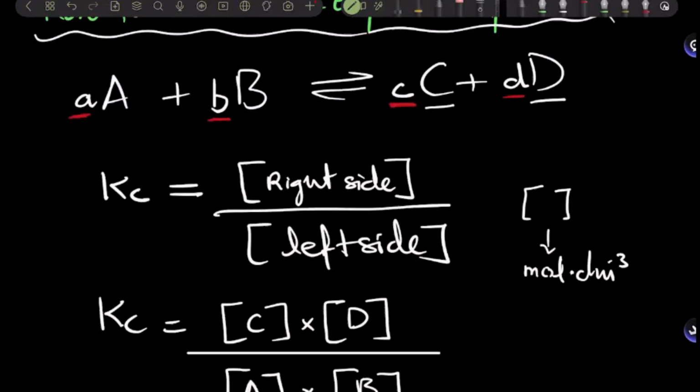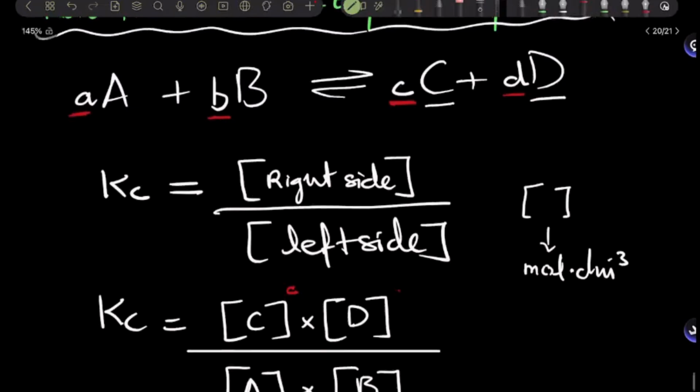The small c becomes over here the power of the concentration of product C. All right. Same goes for D. The small d, the molar coefficient of D, becomes the power of D in the Kc expression. And the small a, which is the molar coefficient of A, becomes the power of the concentration of A in the Kc expression. And the small b becomes the power of the concentration of B in the Kc expression.